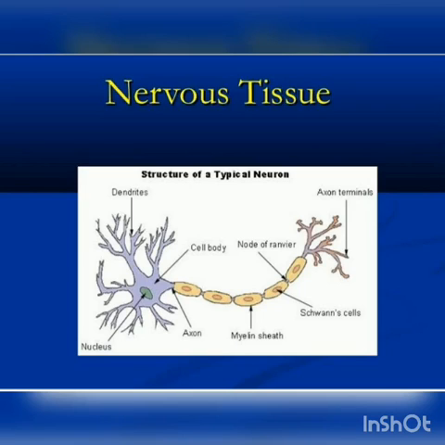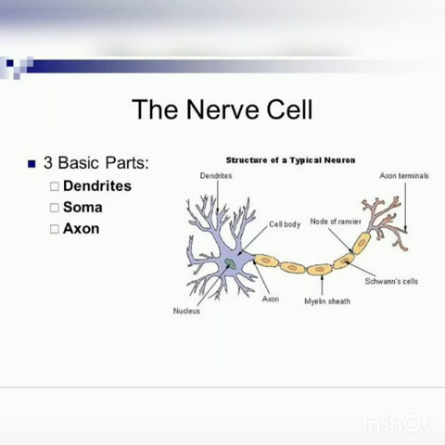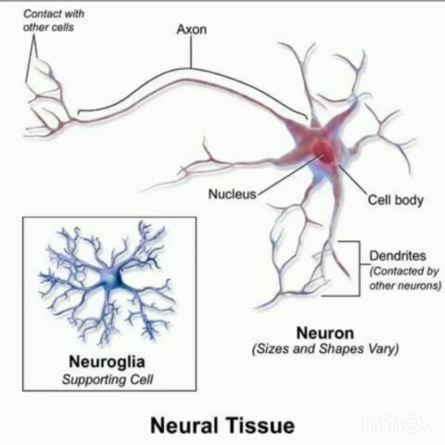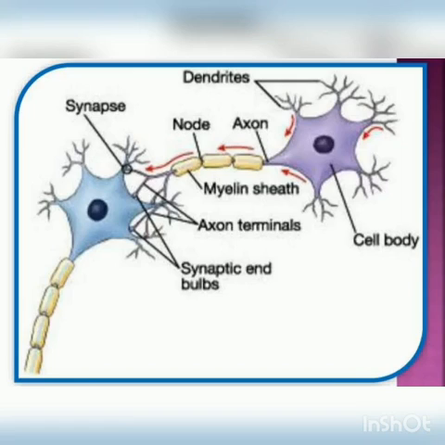Next, we move on to the neural tissues. Neural tissue is nothing but the nervous tissue. The nervous system exerts the greatest control over the body's responsiveness to changing conditions. So what is the unit of this neural tissue? The neurons. Neurons are the unit of the neural system, as you know from your 10th standard.